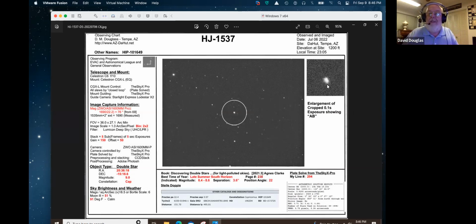Doing that visually is going to be kind of tough, but using the camera and trying to capture, it's doable and it does work. I'm just looking for some different examples. This heading down here at the bottom is where I'm keeping track of the information from Agnes's book, and my plate solve and the information on the picture.